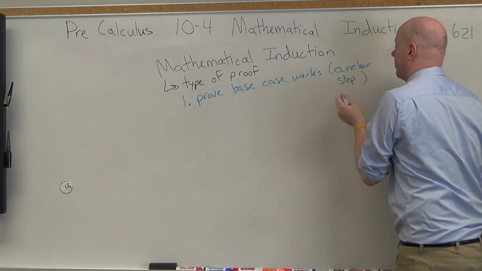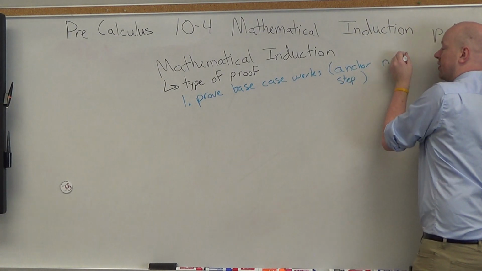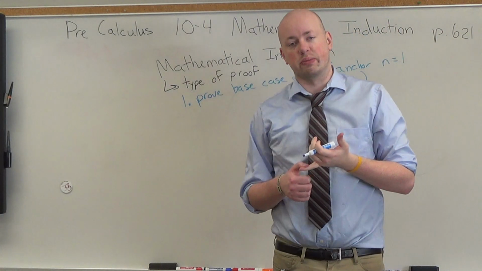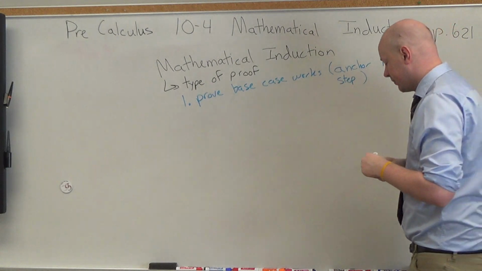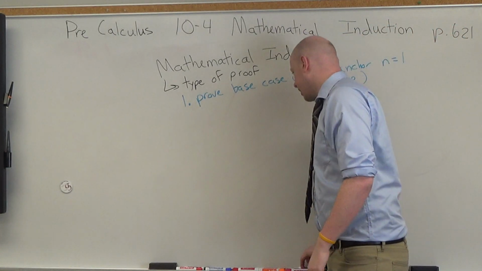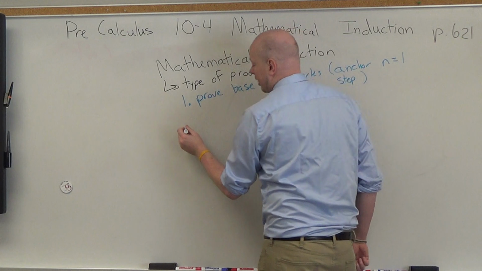Often, that'll be something like n equals 1, where n is obviously our number of terms in that sequence, and it's just that first step, that equals 1 case. Okay. Next, you have to do a hypothetical step.